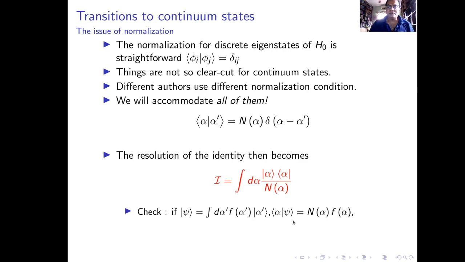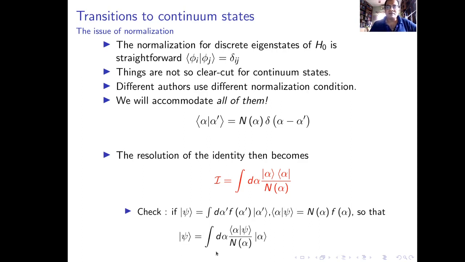So bra alpha ket psi is actually equal to n alpha f of alpha, which means the ket psi itself, if you just take this expression, here I have replaced the alpha prime by alpha. After all, it's a dummy variable of integration, and instead of f of alpha, I have written the bracket alpha psi divided by n of alpha, which is of course what this result tells me. So this is what the ket psi is.